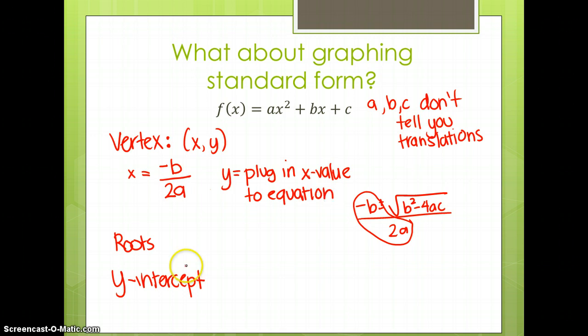The roots we find the same way we did before, you use factoring or the quadratic formula.